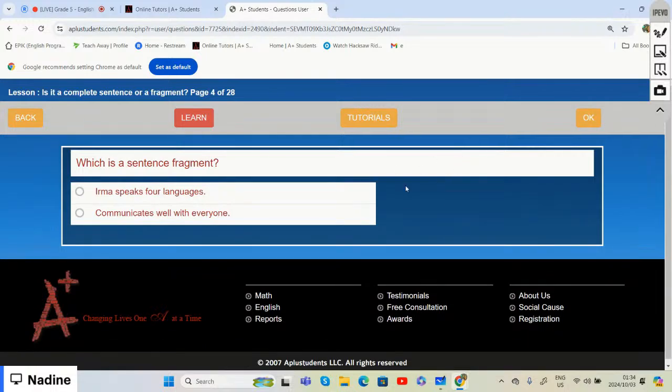Well done. The next one says, which is a sentence fragment? Option one, Irma speaks four languages, or option two, communicates well with everyone.